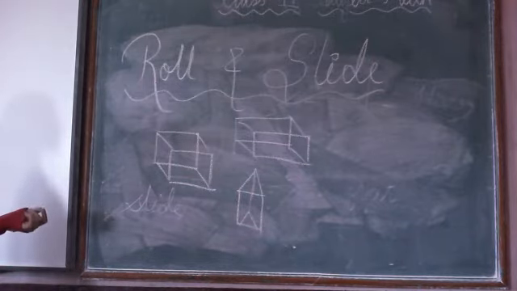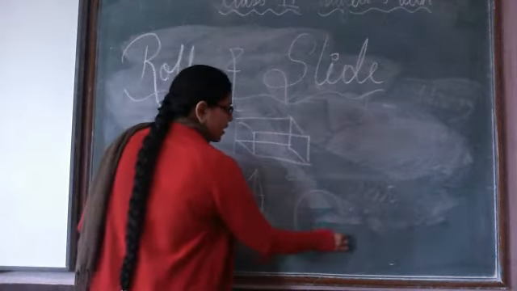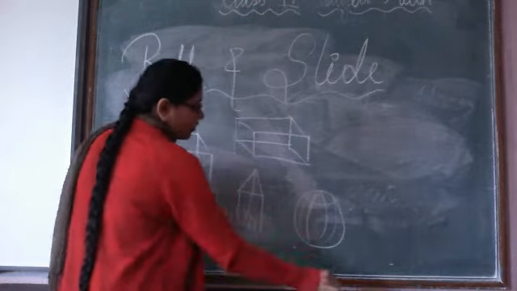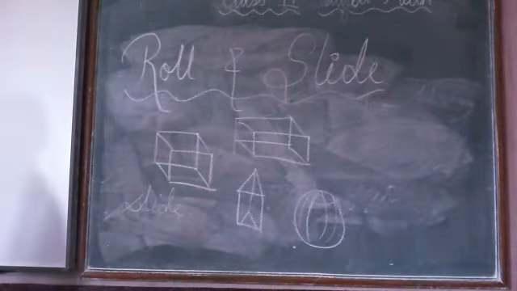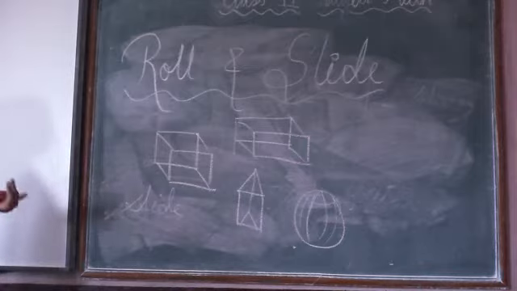Yes, this will also slide because this also has a flat surface. Now sphere. Will this roll or slide? Very good. This will roll because it has a curved surface.